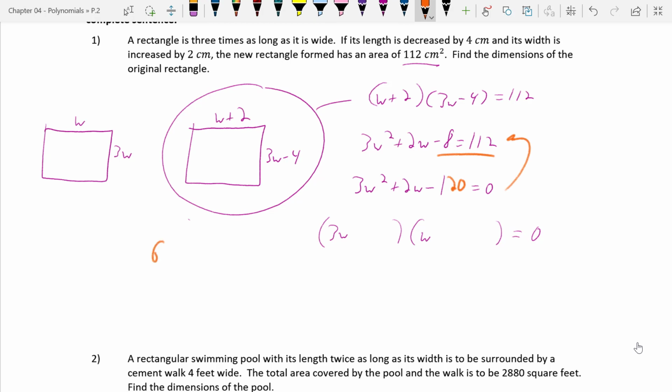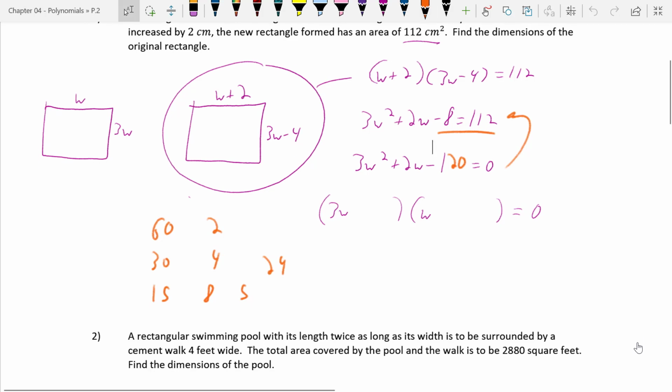So let's try that. 120 is 60 and 2, 30 and divided by 2, 30 and 4, 15 and 8. If I take a 3 out and make that 24 and 5, 24 and 5 won't do it because 5 times 3 is, so let's try to get a 2 in there.